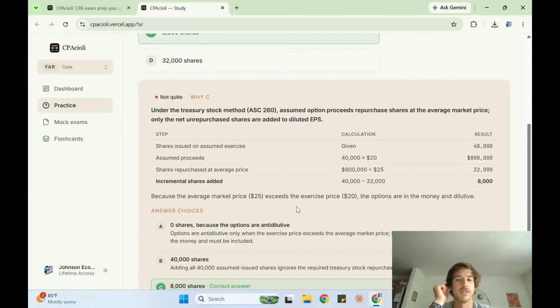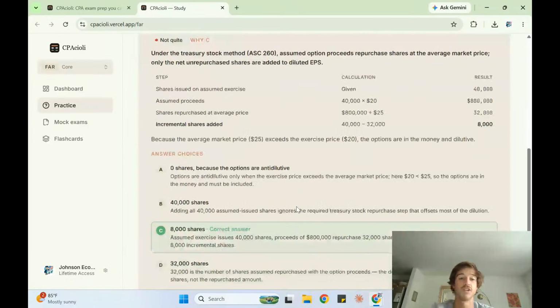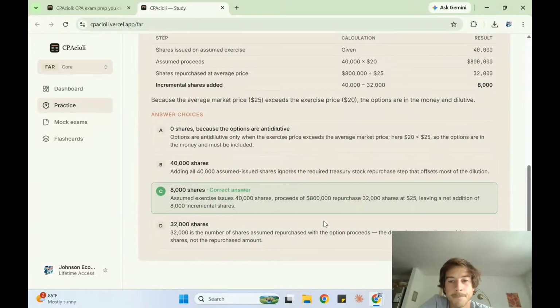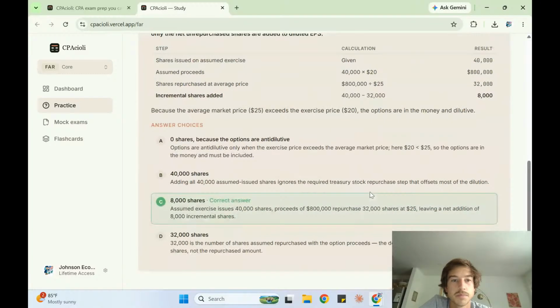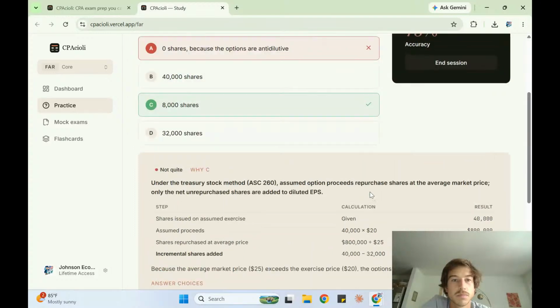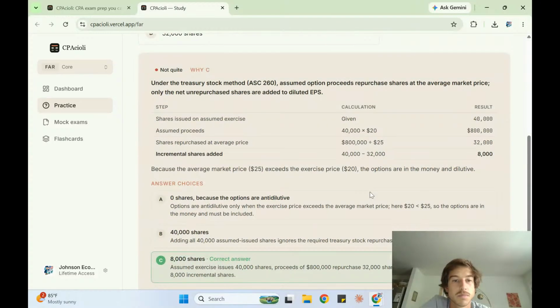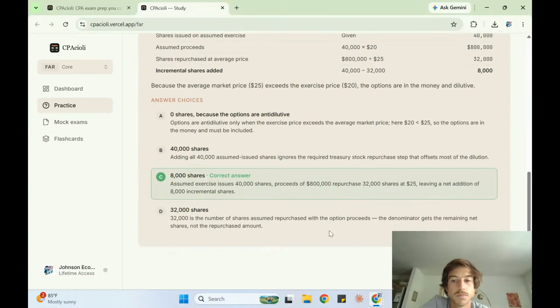Okay, and it's dilutive because the average market price is greater than the exercise price. Cool.